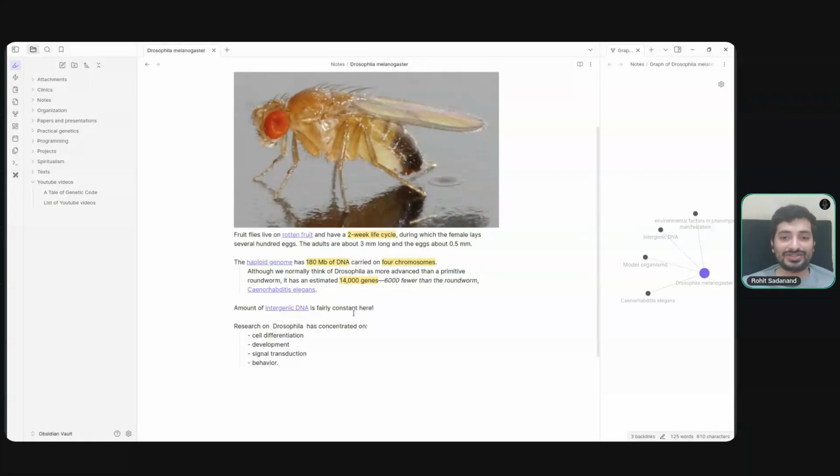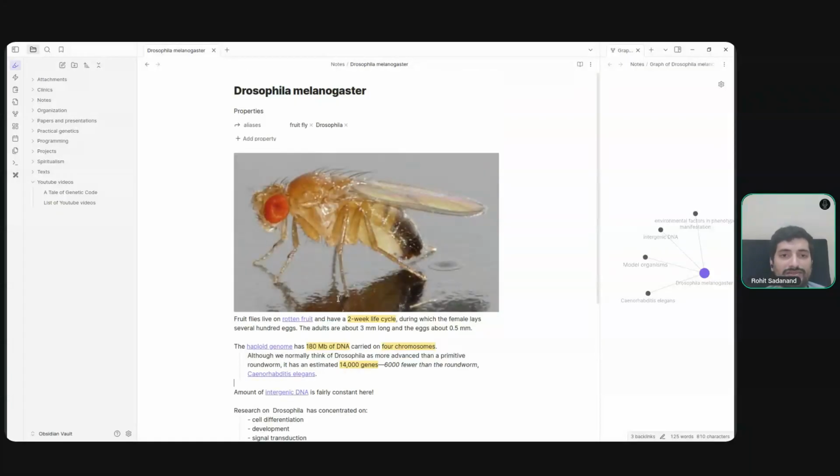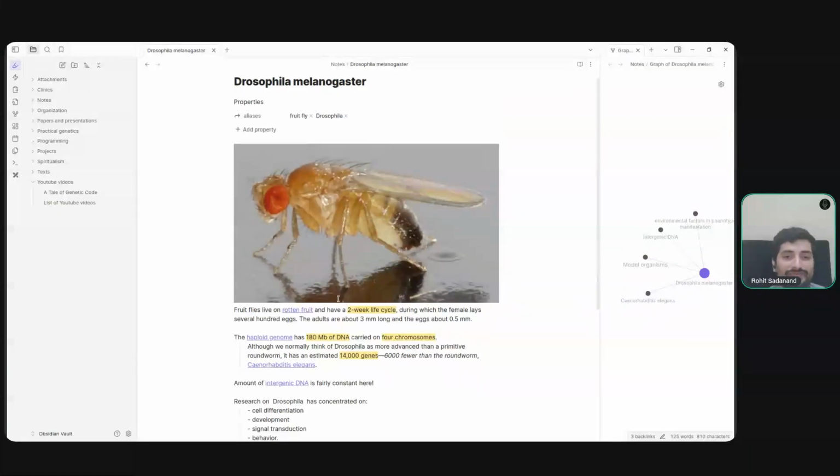It has only 14,000 genes. But despite that, a lot of these genes are the kind of genes that humans have. So we can use these genes to study the effects of their loss in humans. That is one advantage of Drosophila.